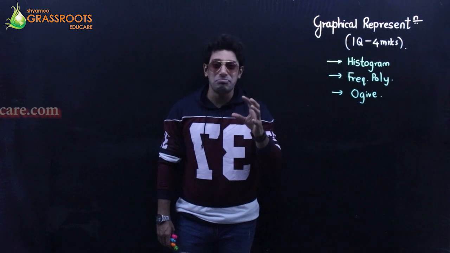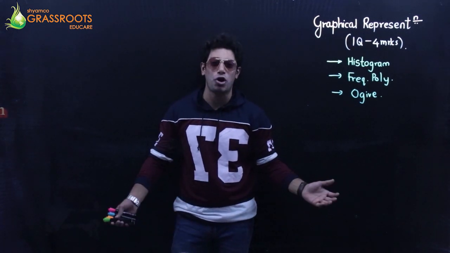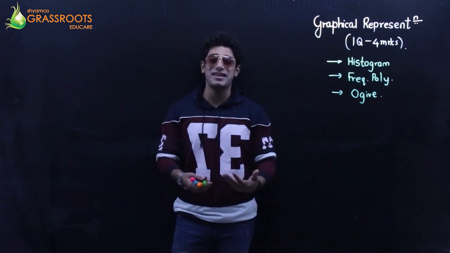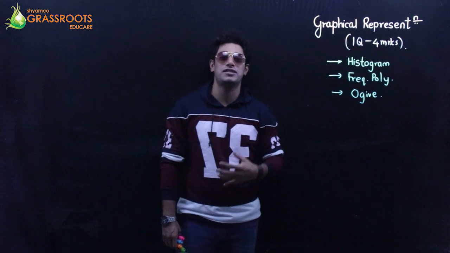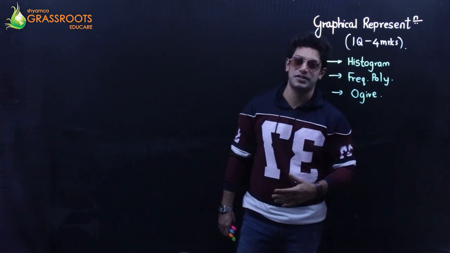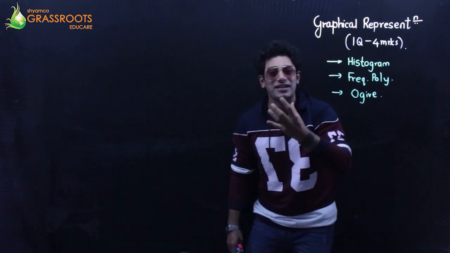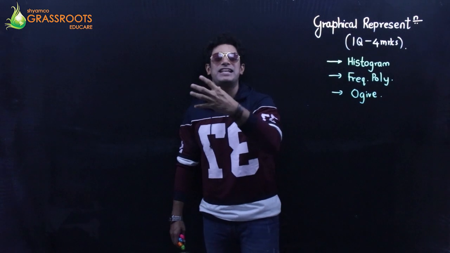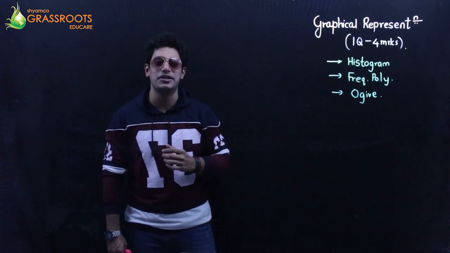Hence, many analyses which are quite boring or monotonous, even in industries and businesses, are represented through pie charts, bar diagrams and histograms, to make them look more attractive and give a pictorial representation so that the analysis becomes very easy. That is what this chapter is intending to do.